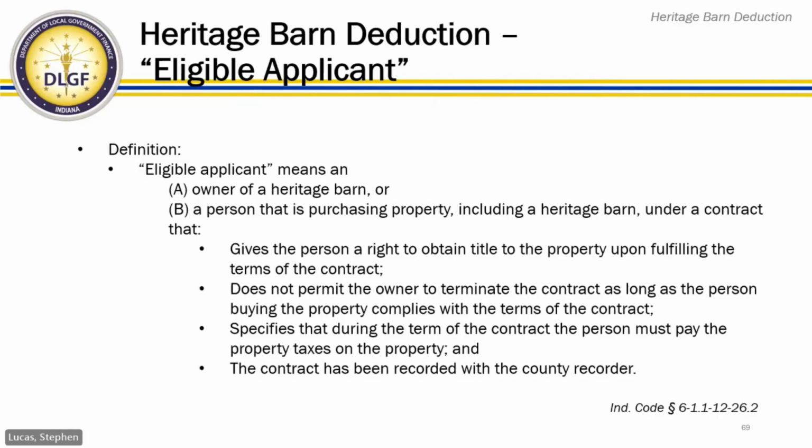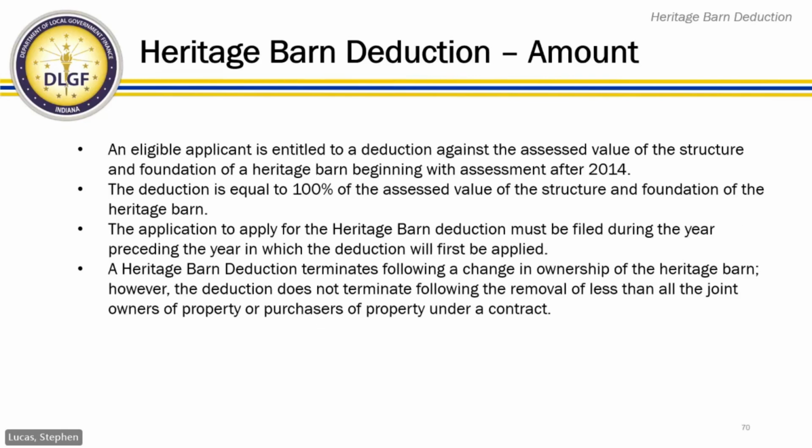Statute for the deduction also defines an eligible applicant, essentially anyone who owns a heritage barn as defined, or is buying one under contract that meets certain qualifications. Like the qualifications for somebody buying a homestead under contract. There's similar qualifications. Next slide. So the amount of the Heritage Barn deduction is 100%, 0% of the AV of the structure and foundation of the Heritage Barn.